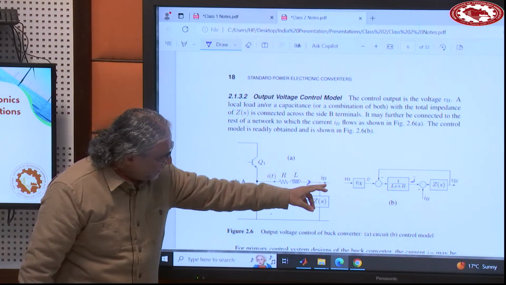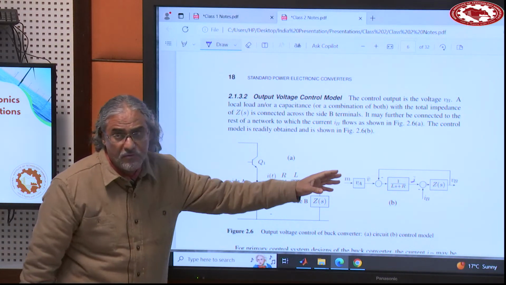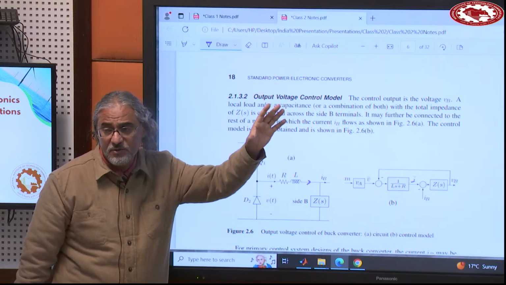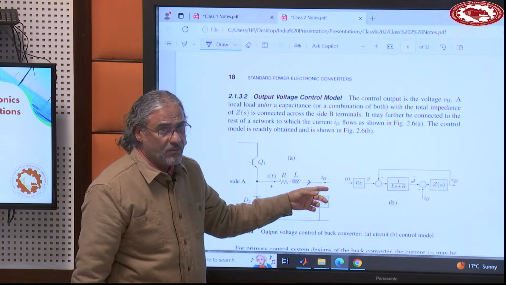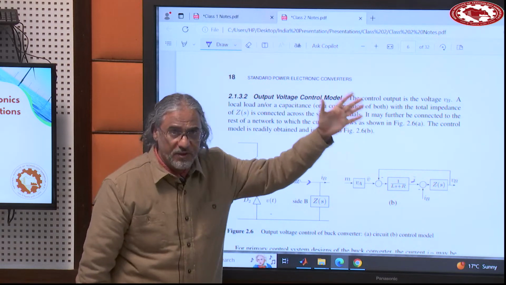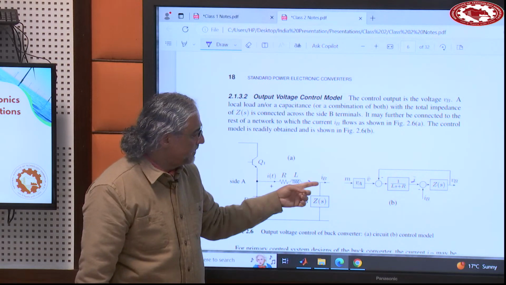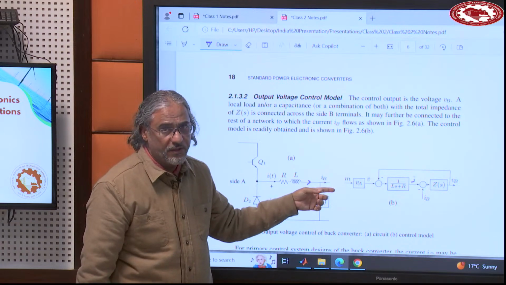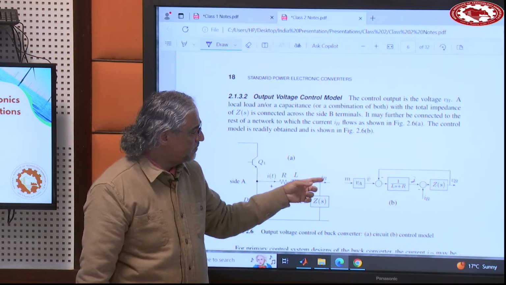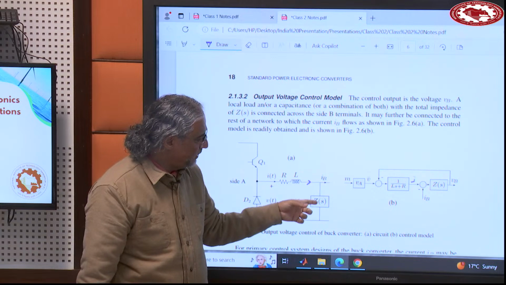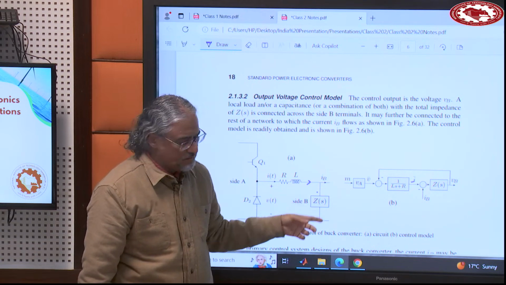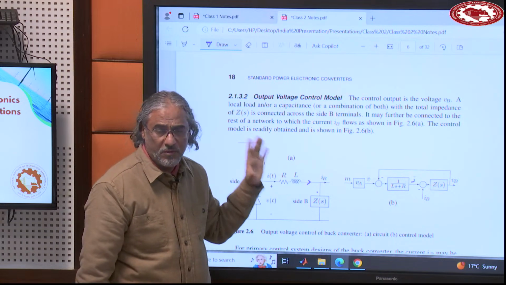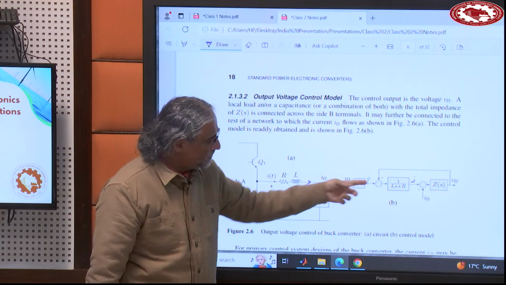So that is the current flowing here. This current minus this current, if there is something, this current goes somewhere else also. If you only have one load, that's it, this current is zero. But if this converter is connected to other parts of the network, there could be another current flowing here, right? So this current minus this current is the current flowing here, and then you multiply this current by this impedance, whether it's resistive impedance or otherwise, and that gives you this voltage.